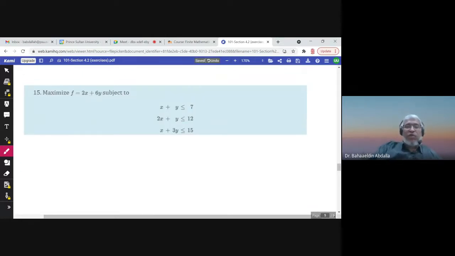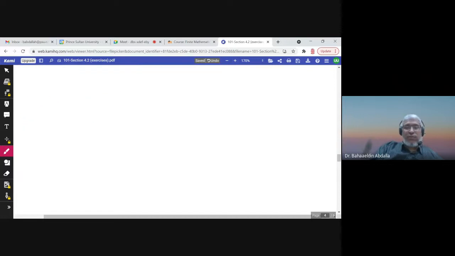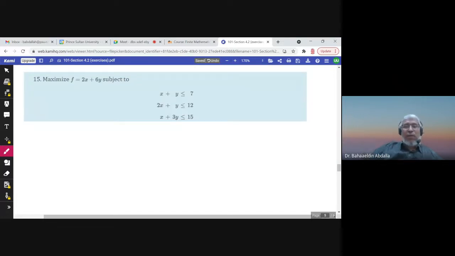Another question. Let me start by graphing x plus y equals 7. So (0, 7) and (7, 0). The other line, 2x plus y is 12.